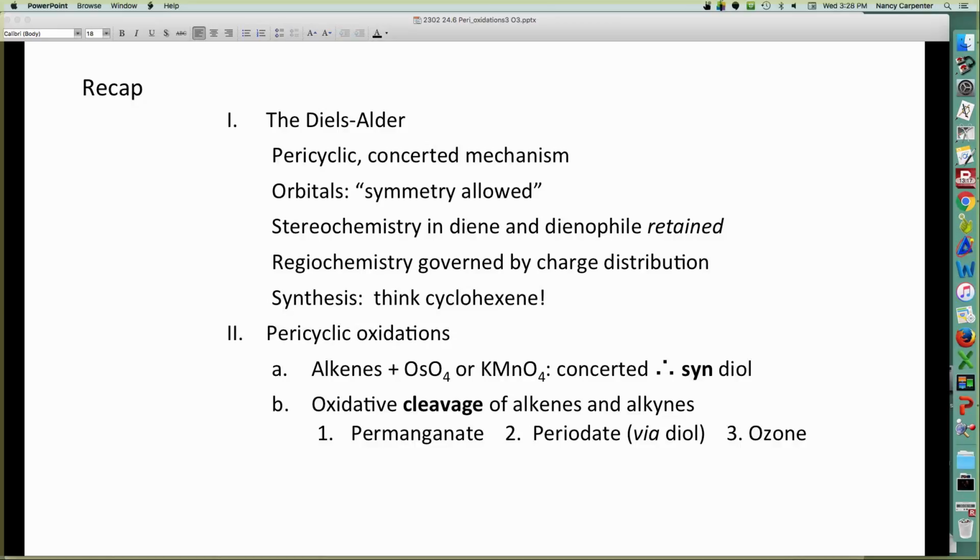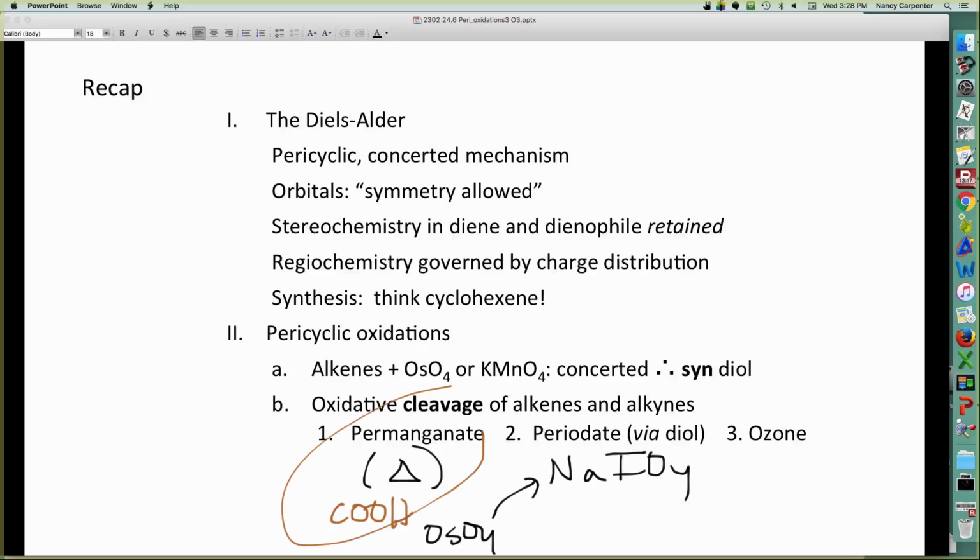Remember, if I do permanganate to get it to cleave, I just need to heat it up. I can do it with periodate. That goes via the diol, so I had OsO4 first to make the diol and then add periodate. Or I can use ozone, and ozone will give me either the aldehyde or the acid. So permanganate, acid, periodate, aldehyde, ozone.